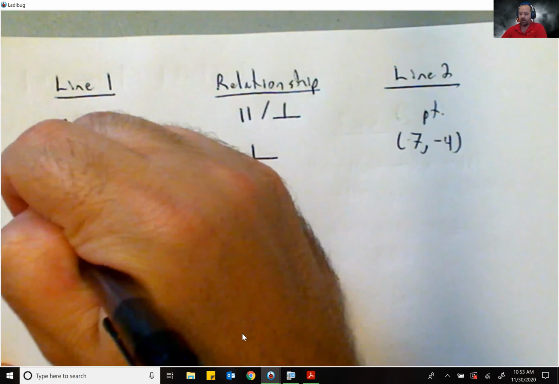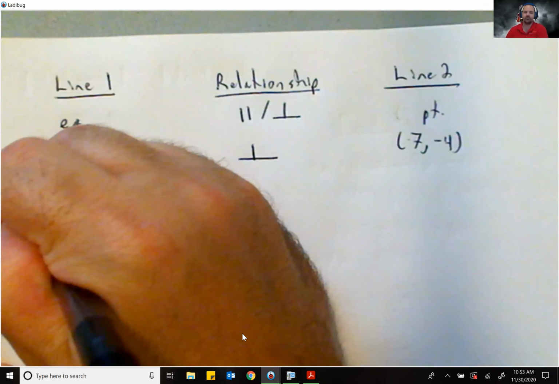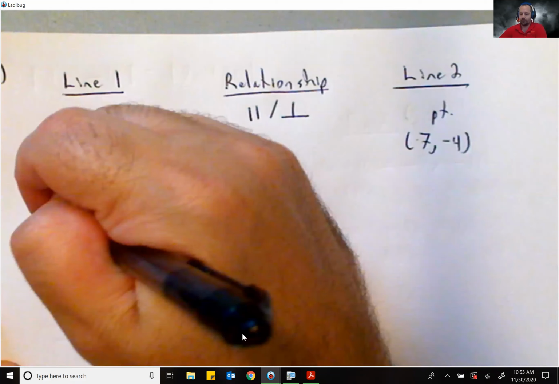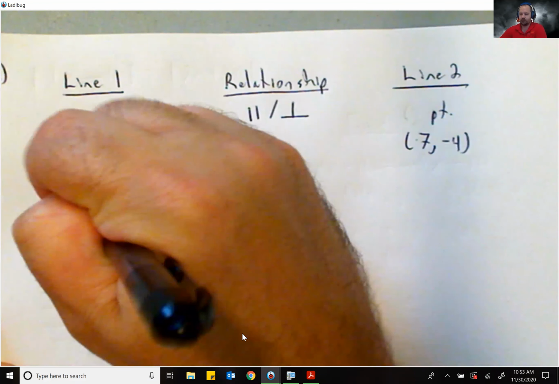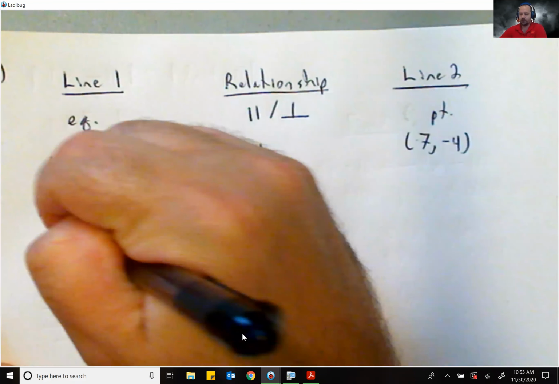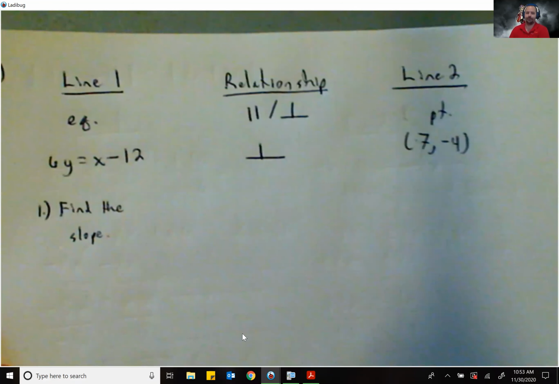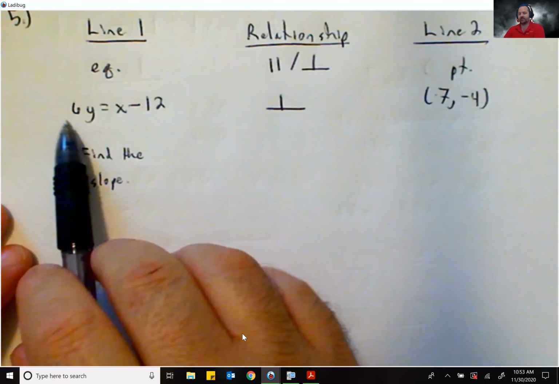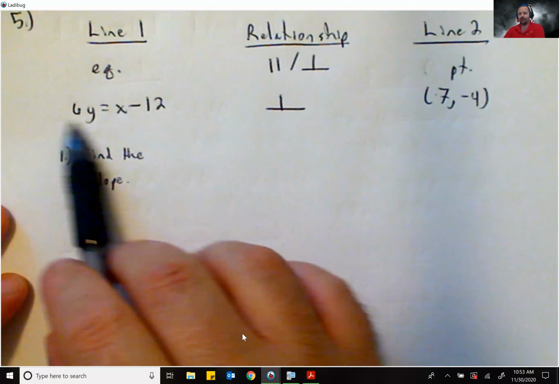For line 1, you're only after one thing. For line 1, all you need to do is find the slope. Can we find the slope for line 1 right now?